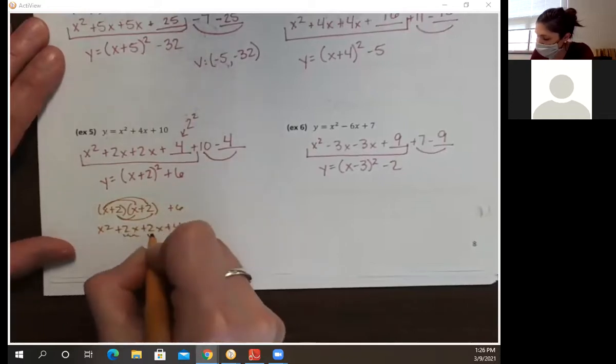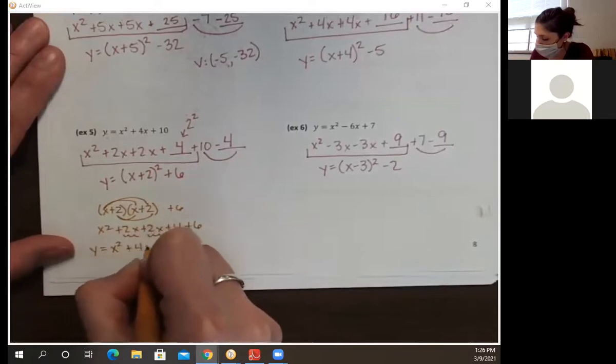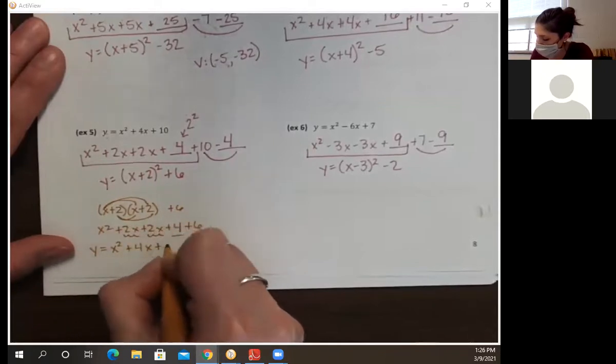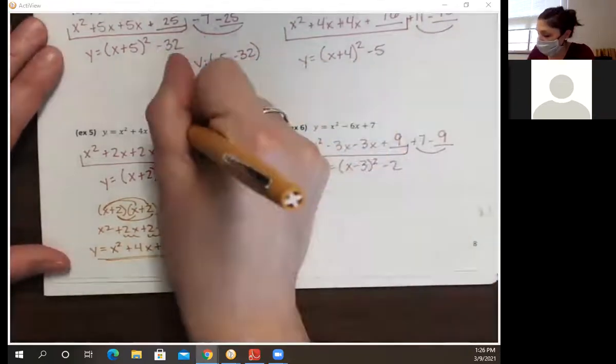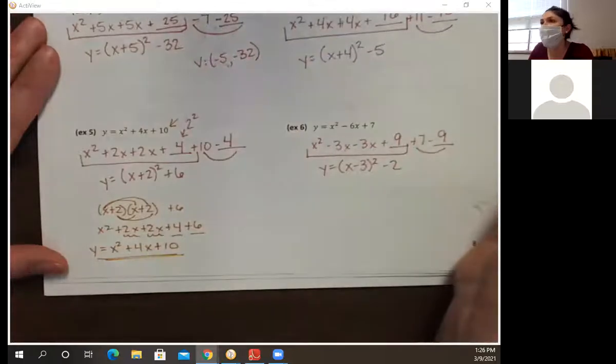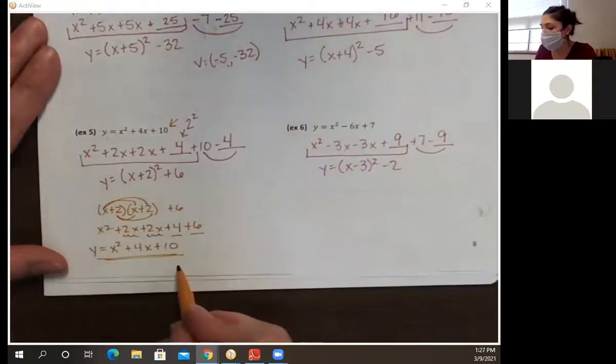Combine your like terms. And what you get when you distribute should be the same thing that you originally had. So if I take my vertex form and multiply it back out, I should get the standard form I started with. Okay, that's the other way that I can check these.